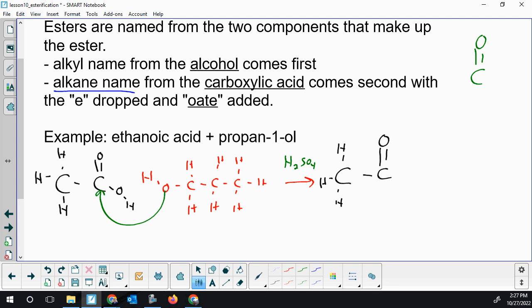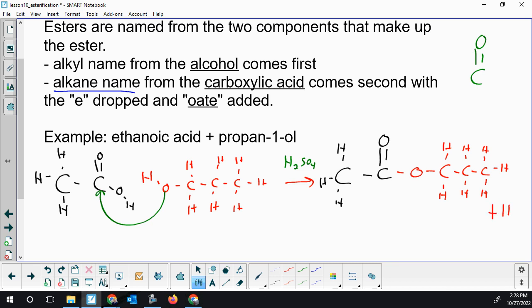Now we're ready to put the red O, and that red O has 3 carbons attached to it. And all of those carbons are filled with hydrogen. Oxygen has a bonding capacity of 2, carbon 4, and I have completed my structure properly.